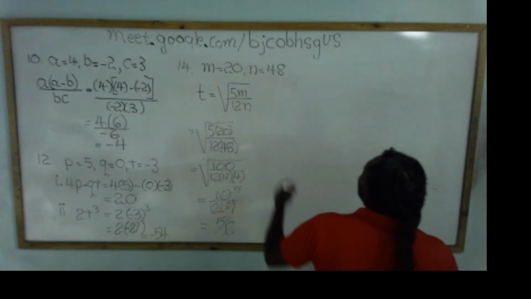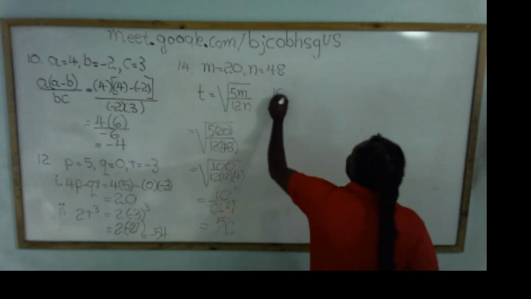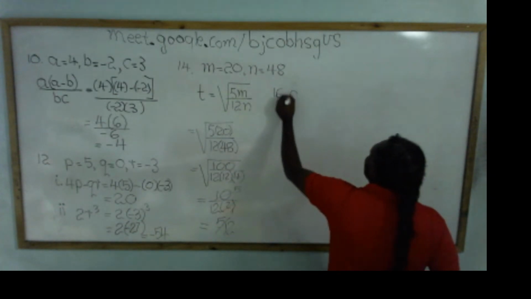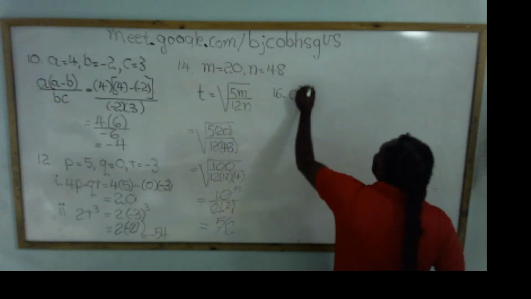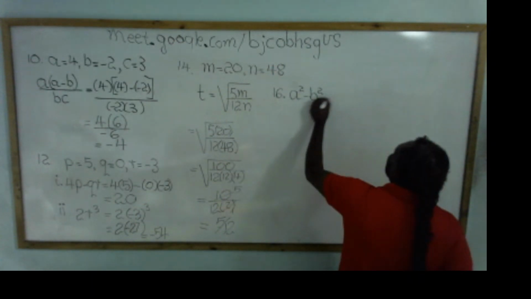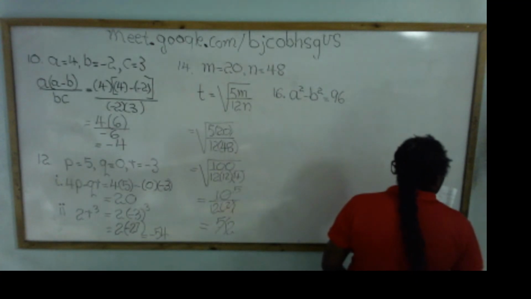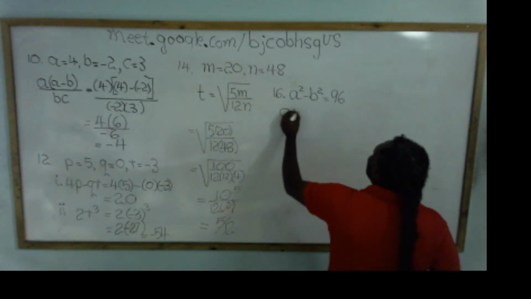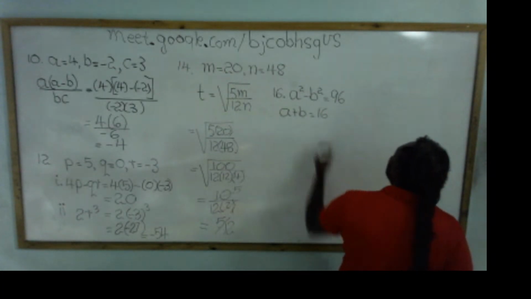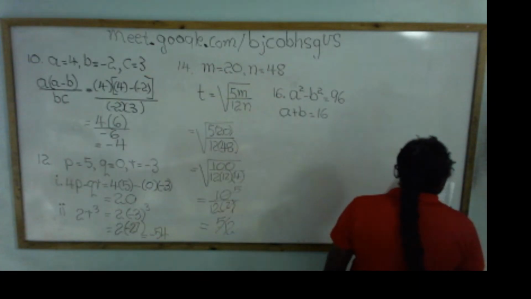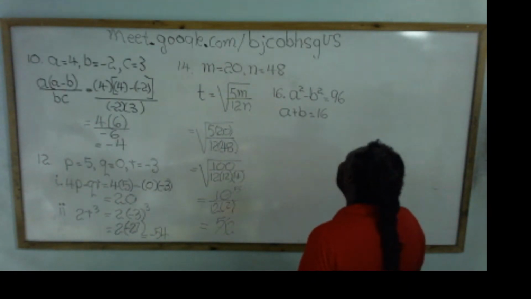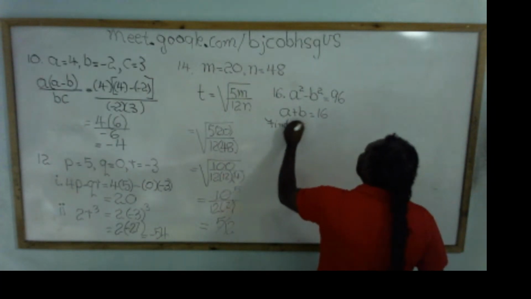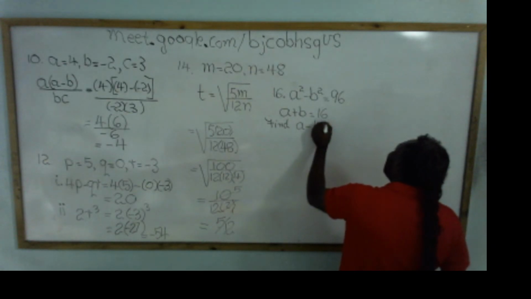It says that given that a squared minus b squared is equal to 96 and a plus b is equal to 16, find the value of a minus b.